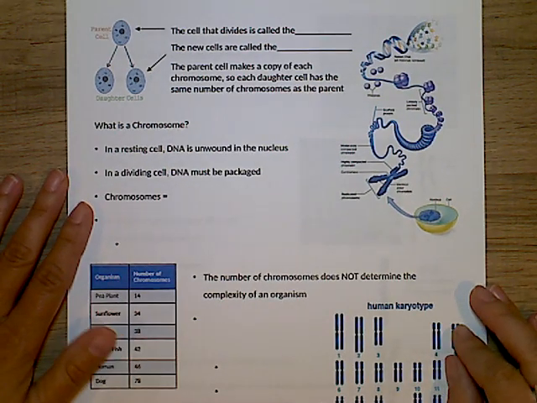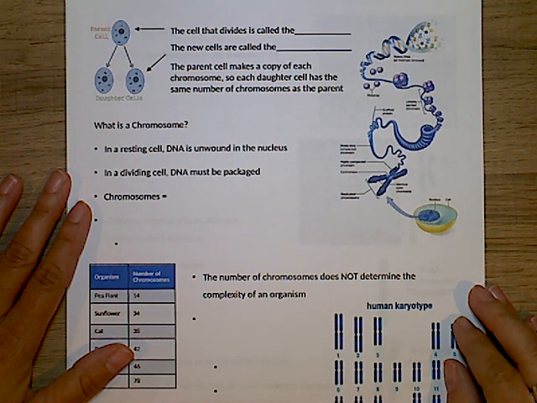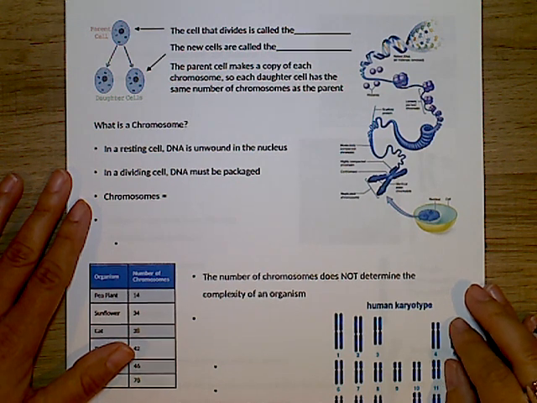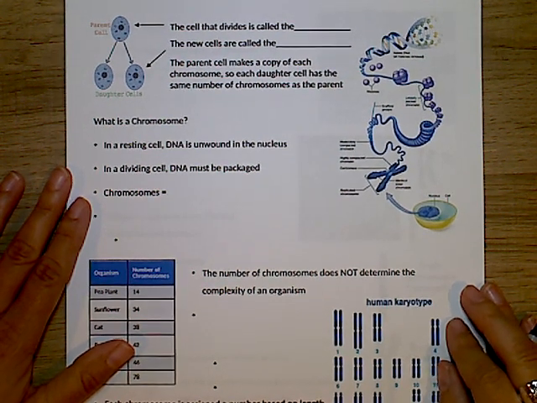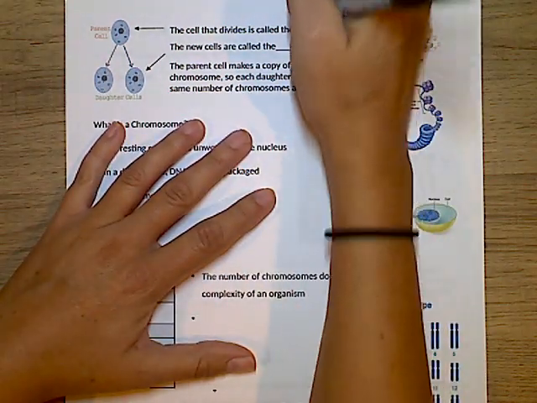So during cell division, we're going to do mitosis first, which is for asexual reproduction and repairing and replicating cells, and then we'll do meiosis, which is involved in sexual reproduction. So the cell that divides is called the parent cell.